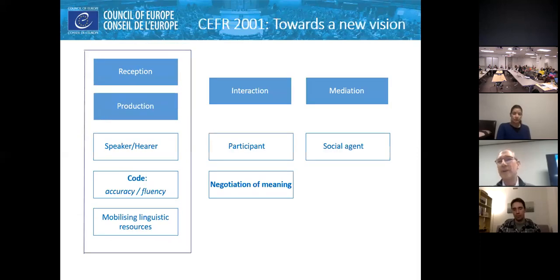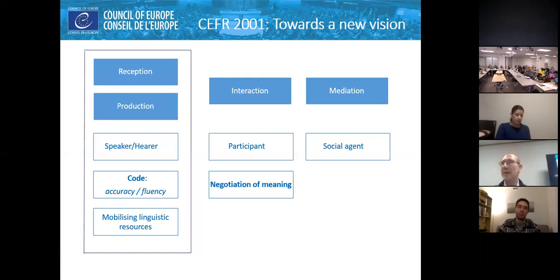The CFR in 2001 moved things forward towards a new vision with the introduction of the concept of integrated skills, the fact that interaction is more than just the sum of reception and production. It's a joint co-construction of discourse, where you're negotiating meaning, getting onto the same wavelength, understanding and getting through to each other.